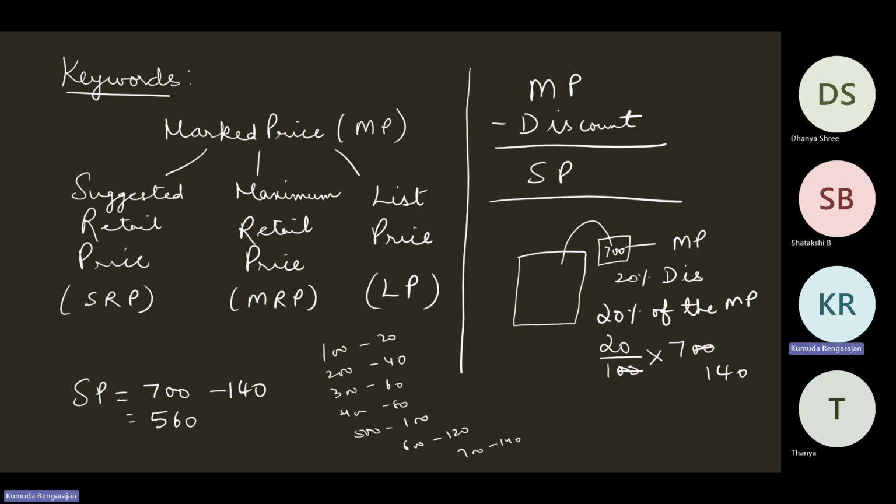Selling price is marked price minus discount. 700 minus 140, 560 is the selling price of the dealer. That is your cost price. For you, the cost price is 560. From the dealer's point of view, his selling price is 560.